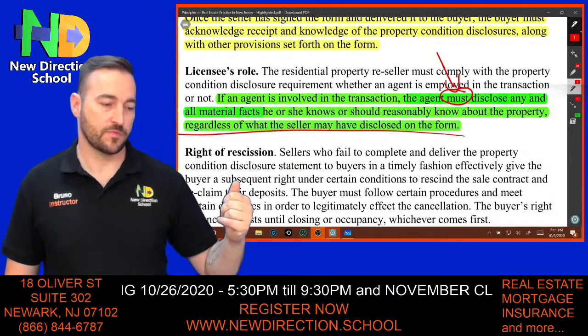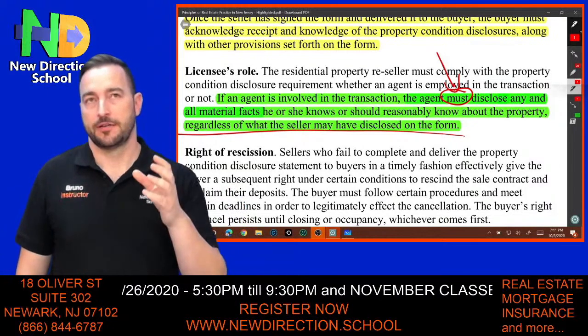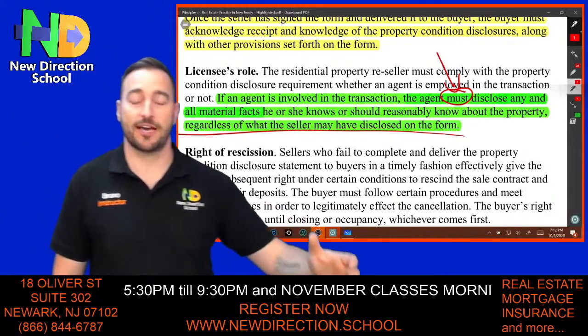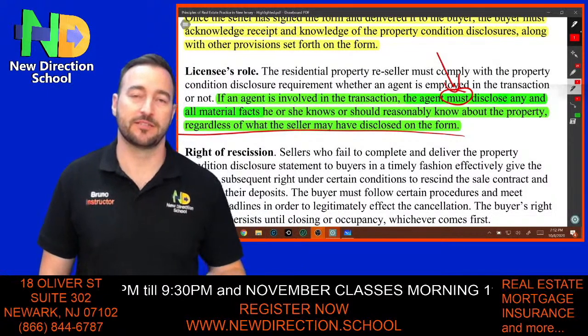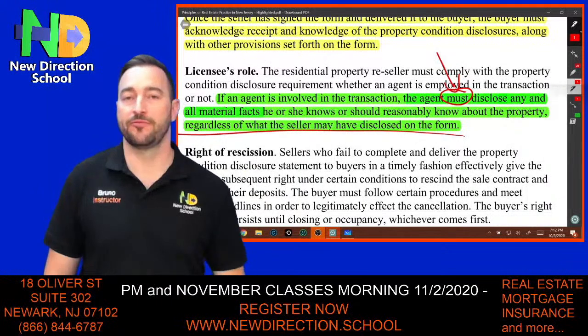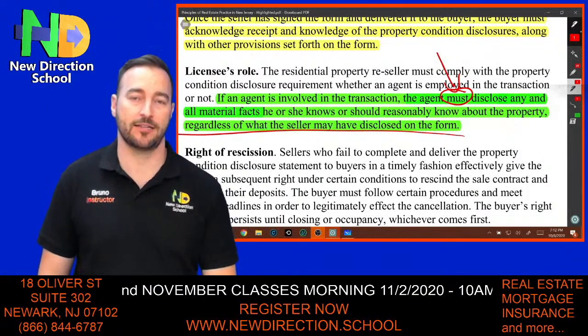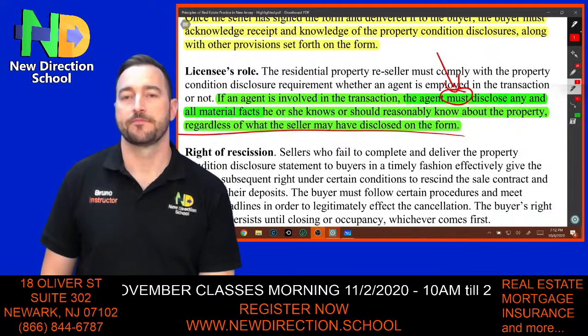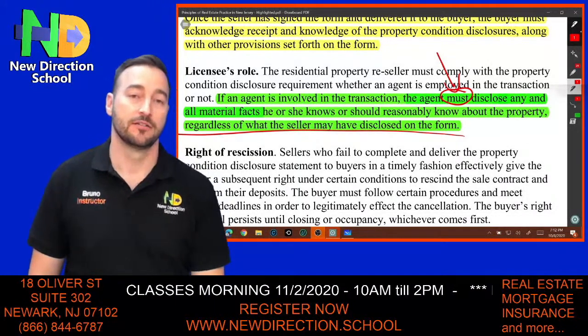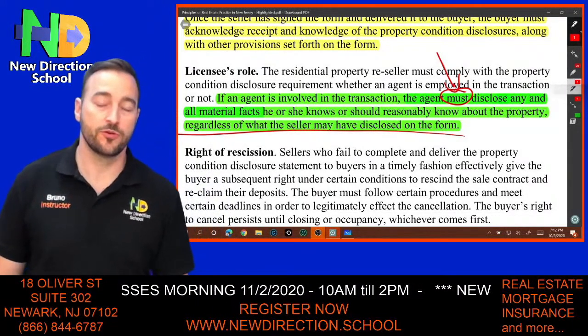Definitely. Okay. So if you feel that it's something that could affect the transaction, like knowing that there's mold, for instance, but the seller painted over it, you must pass it along, because one of your duties is to be fair and honest to the buyer. So you have to present anything and everything that could affect the transaction, regardless of who you represent.